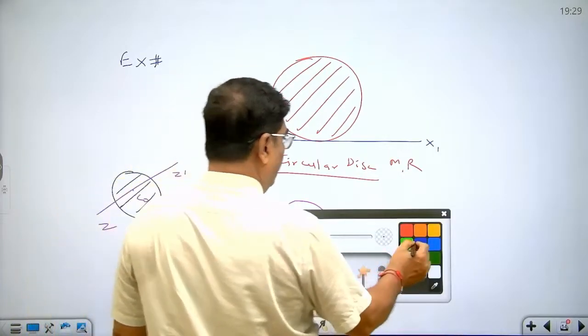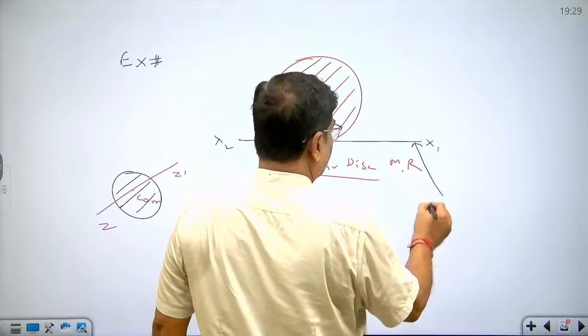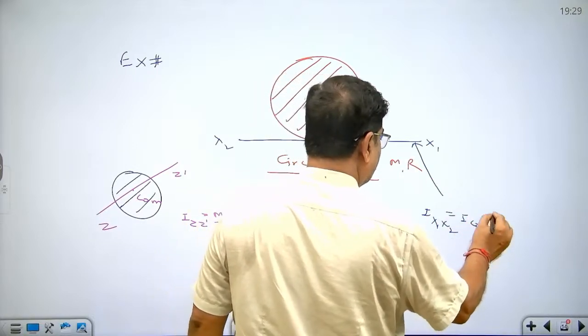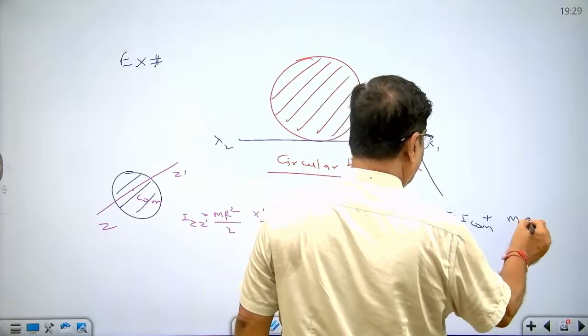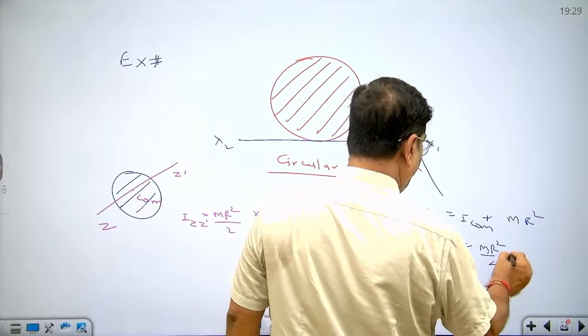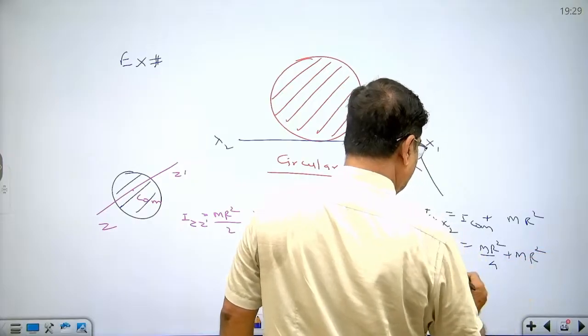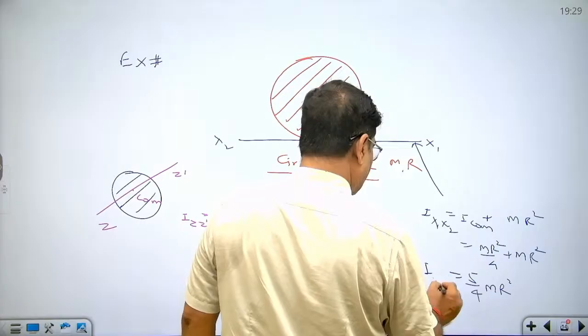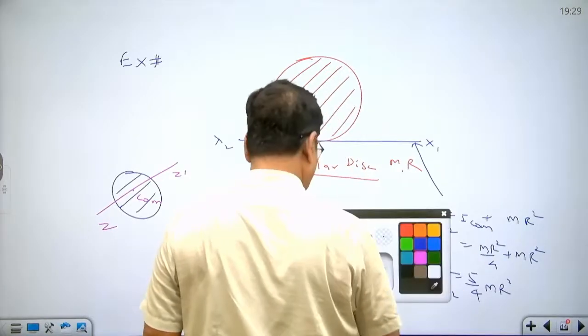Now applying the parallel axis theorem, I about x1 x2 equals I about center of mass plus m into r square, which is mr square upon 4 plus mr square. So this is 5 by 4 mr square about x1 x2.